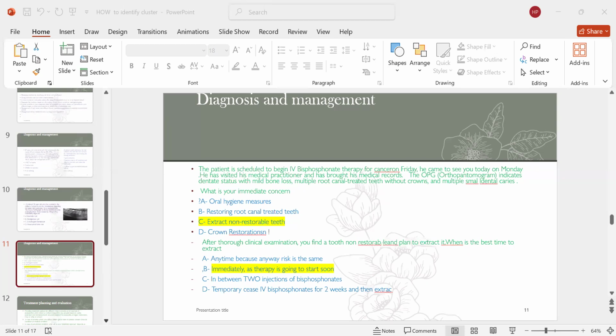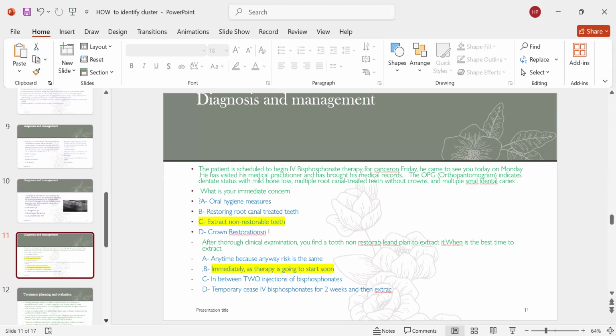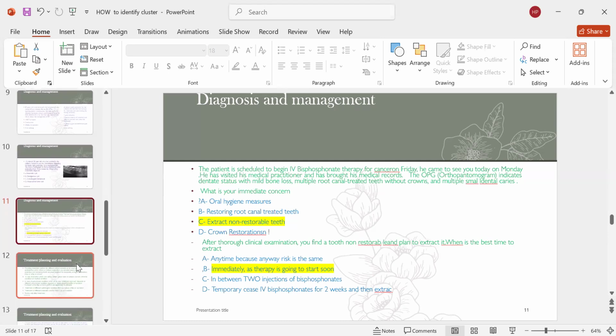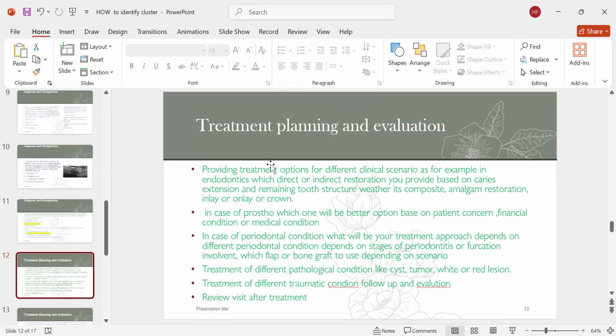Okay. Now there is treatment planning and evaluation. So what is included in the treatment planning and evaluation criteria? Providing treatment options for the different clinical scenarios.